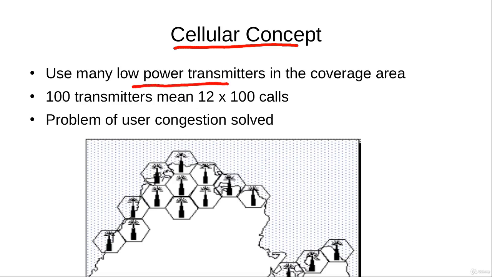For example, if there are 100 low power transmitters and each transmitter supports 12 simultaneous calls, then in total these 100 transmitters would support 12 into 100 calls. So in this way, there is a 100 times increase in the number of mobile users that can be supported by this system. So this solves the problem of user congestion.